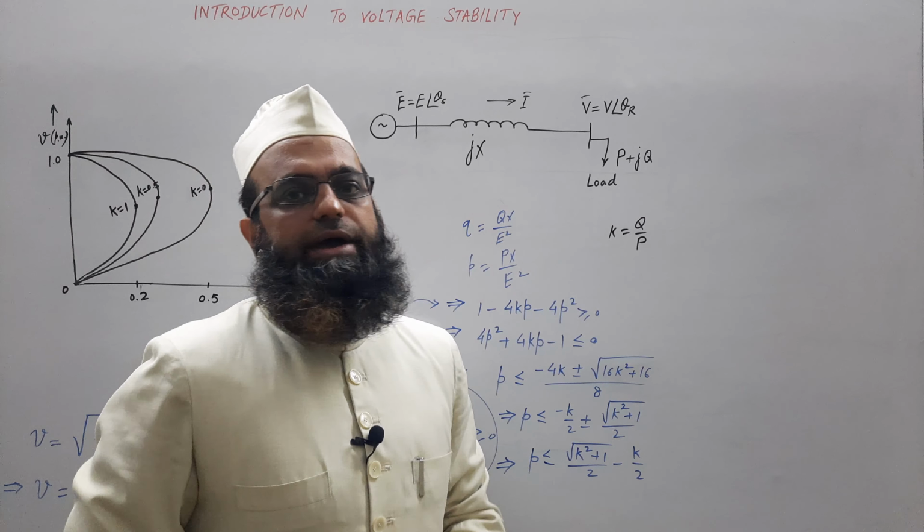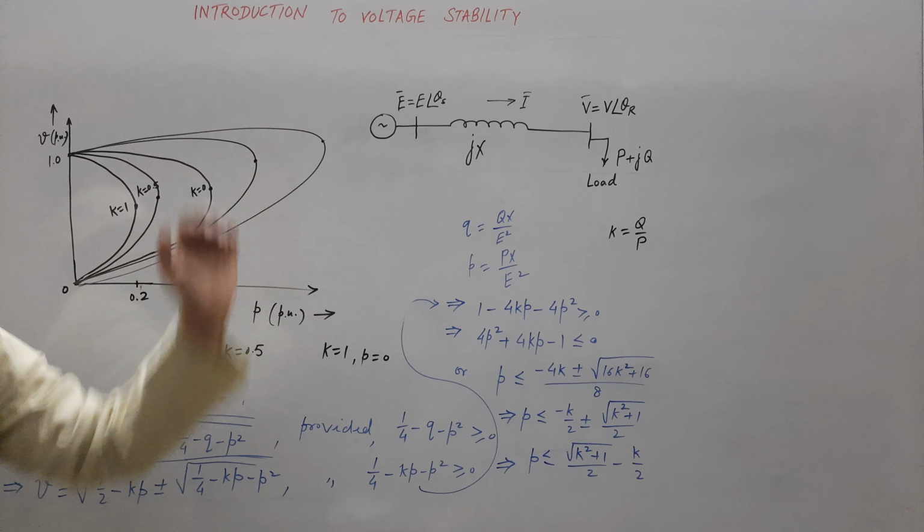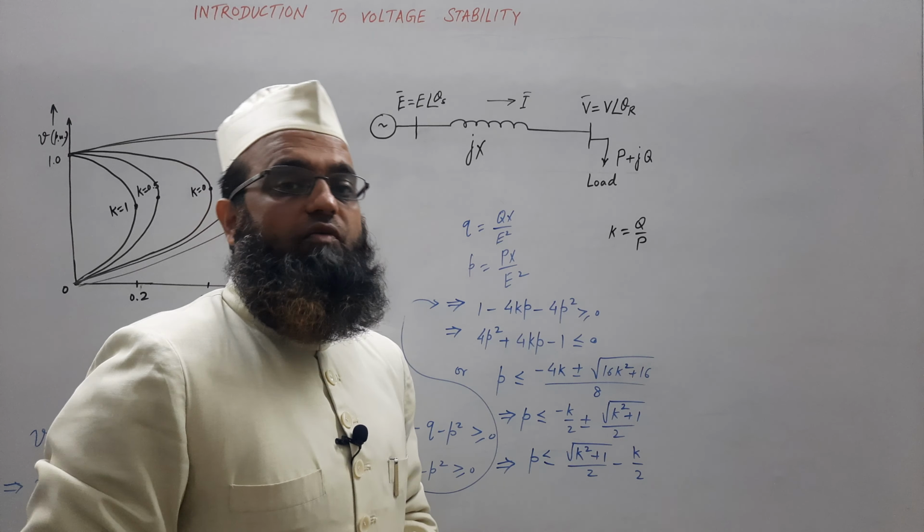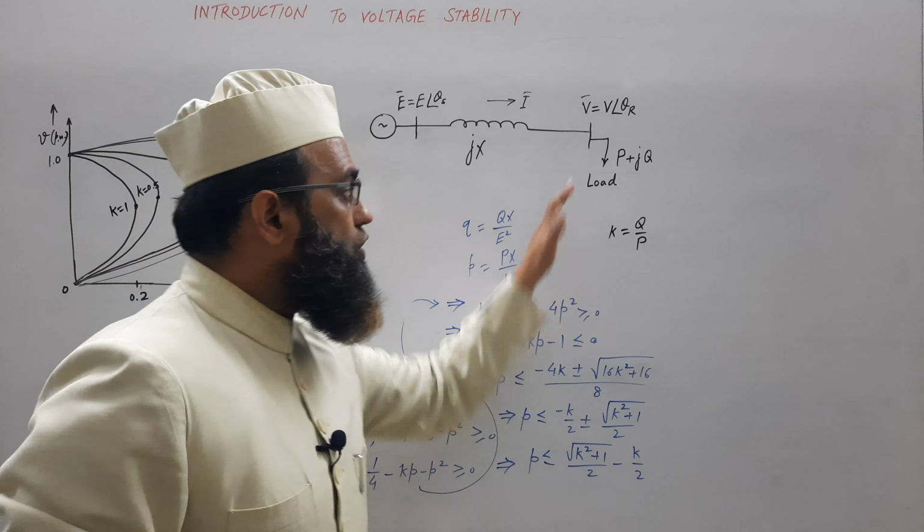So this is the track of the knee point, this also increases. It means by increasing the power factor of the load, the maximum loading range is also increased, as well as this point is also being shifted up.